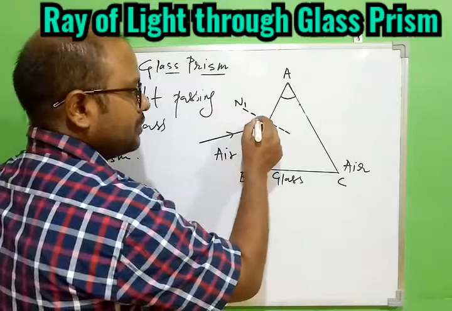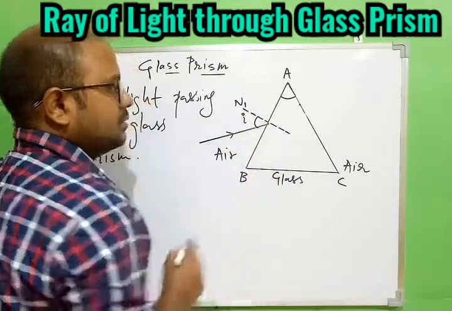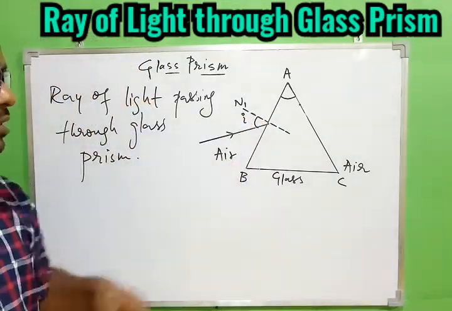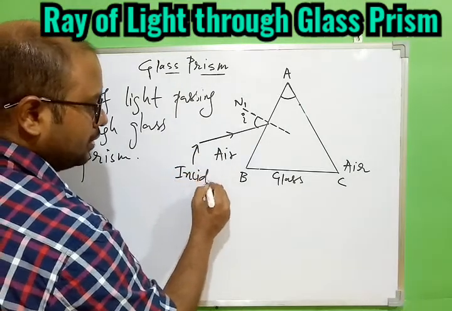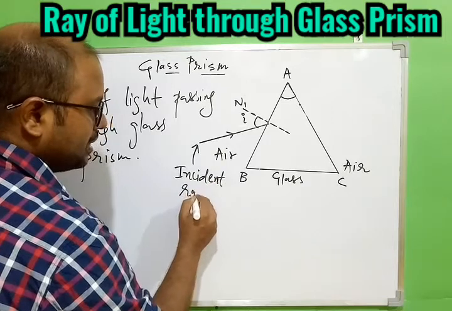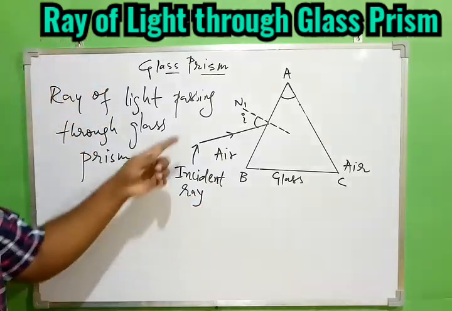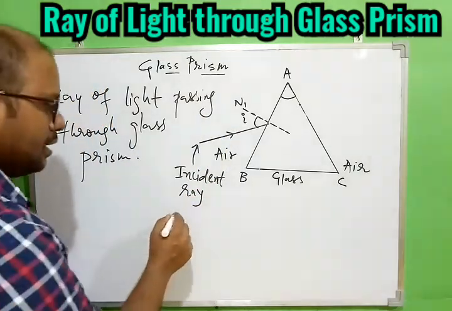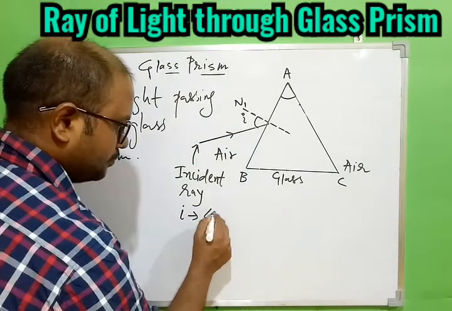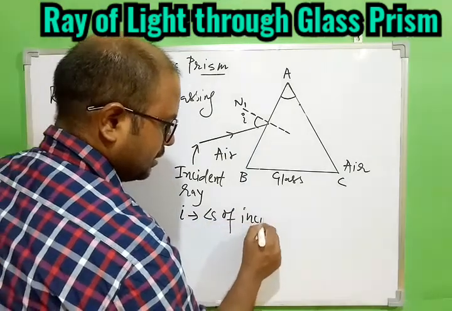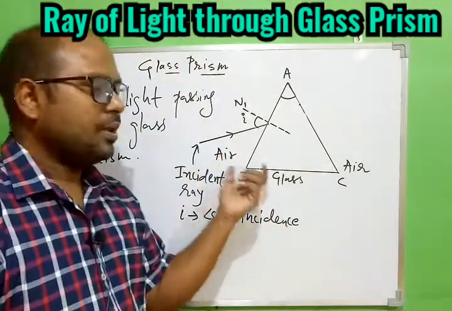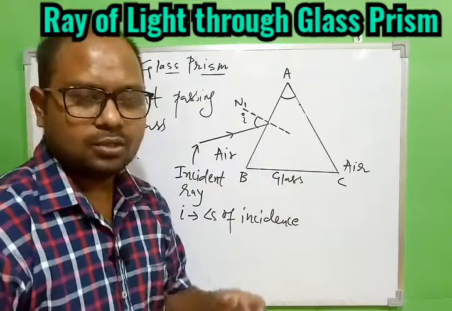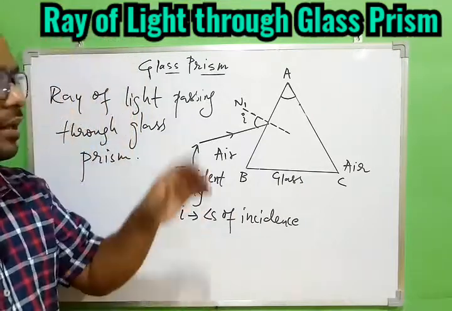So we can say this is the very first angle made by the incident ray. So this is my incident ray only, so there is no doubt here, we already know the ray. So this is my incident ray, and this is the angle of incidence i, that we already know. And now we know the light is traveling from air to glass, that is rarer to denser.